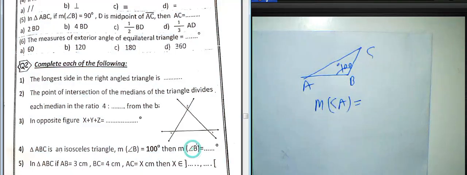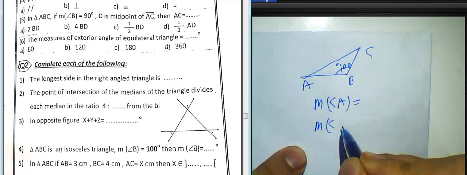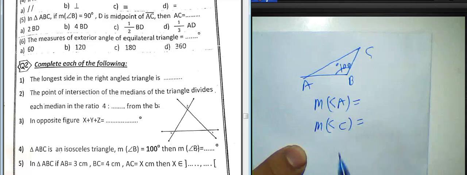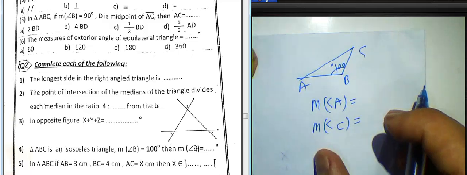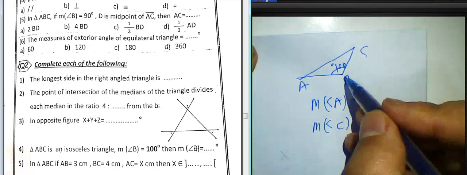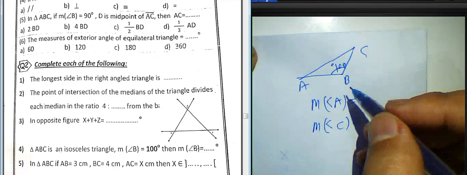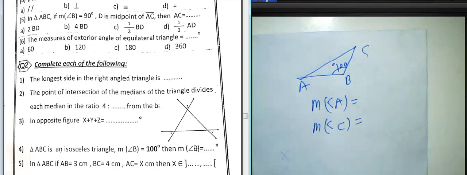This sign must be changed to the measure of angle A, or he asks about the measure of angle C. Don't worry, it's very easy. In the exams, the teacher will write the correct question for you. Don't panic. This angle here is 100 degrees, and we have an isosceles triangle.